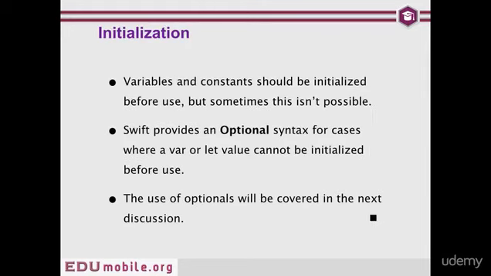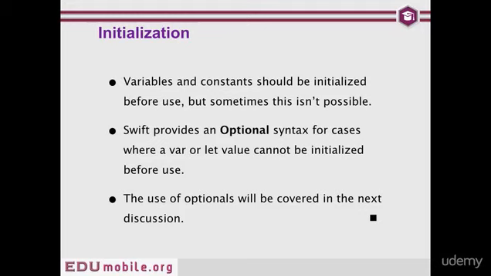All right, so initialization, we're going to kind of wrap this up now before we have a demo. Variables and constants should be initialized before they are used. Constants are initialized before they're used. We can't just say let age and then not assign it. But a var declaration, we can. We can say var age colon int, and then not assign it.